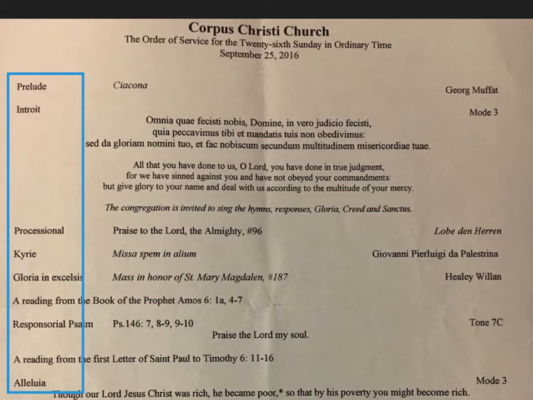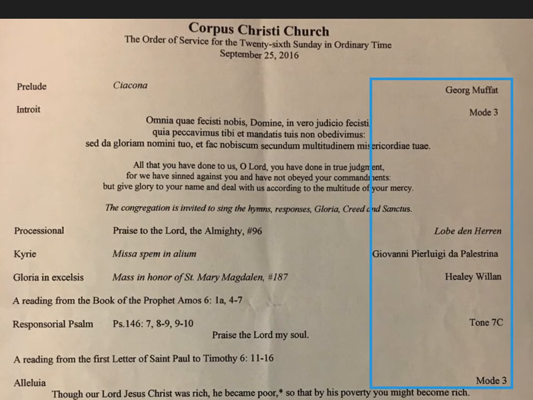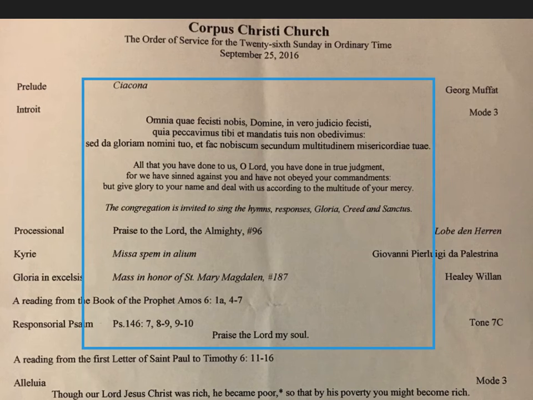And then on the right side you have information like the composer or the tune of the hymn or the mode of the psalm. And then in the center section, you have the important particular information for each listing, either the title or the text, or even the hymnal number, where to find that.